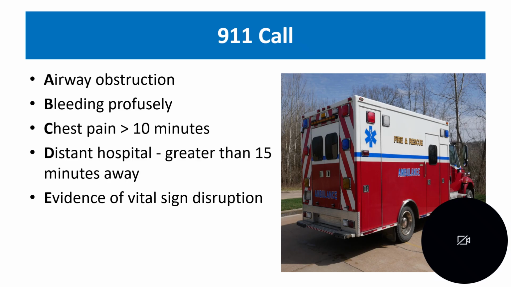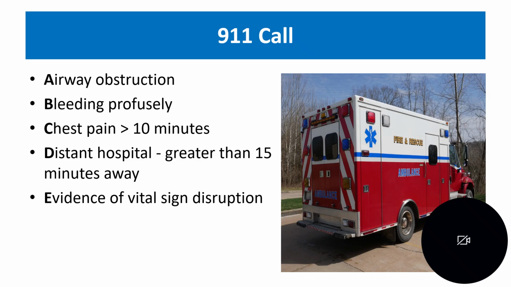There's an A, B, C, D, E that I use to simplify your ability to memorize this. I use a lot of acronyms as aids to memory. The A in the 911 A, B, C, D, E criteria is airway obstruction. B is for bleeding profusely.